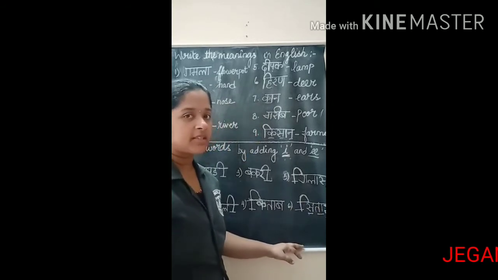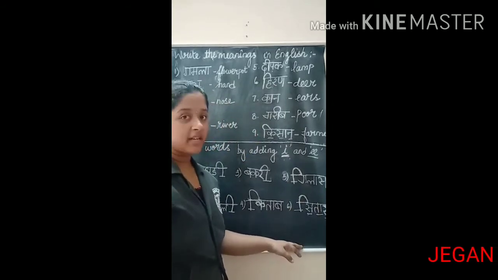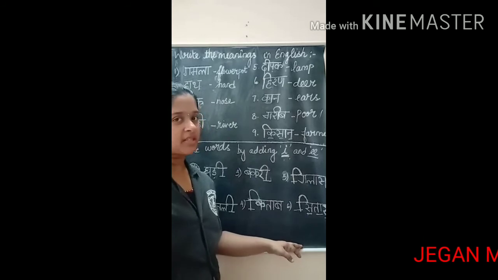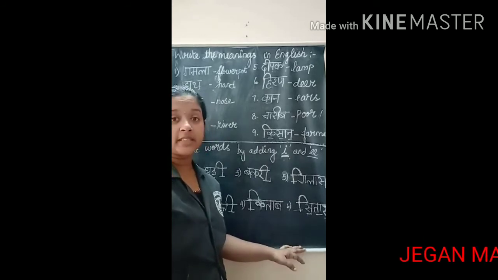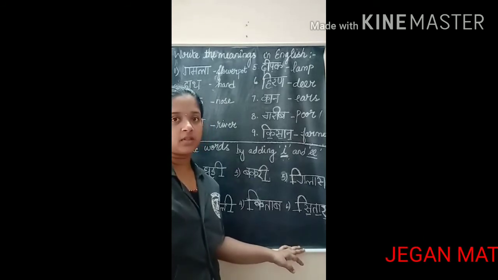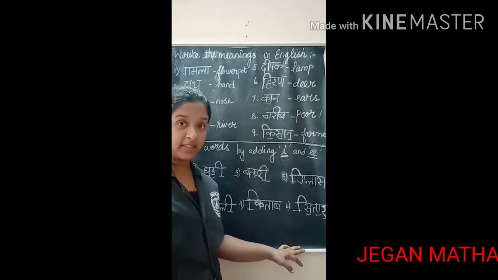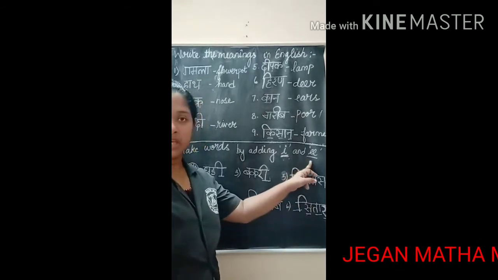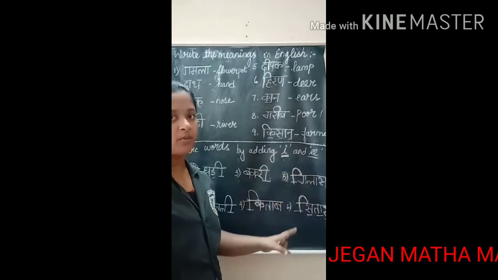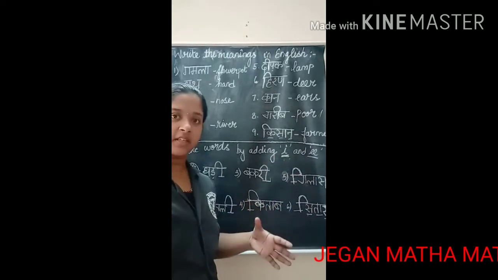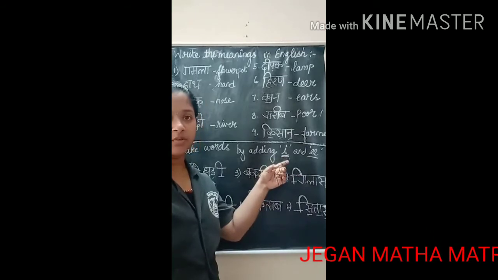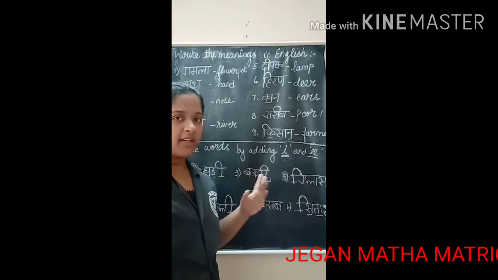Sitar means a star. If I pronounce it with a stretched sound, the other symbol of E will be used, but if I don't stretch, this symbol of E is used.